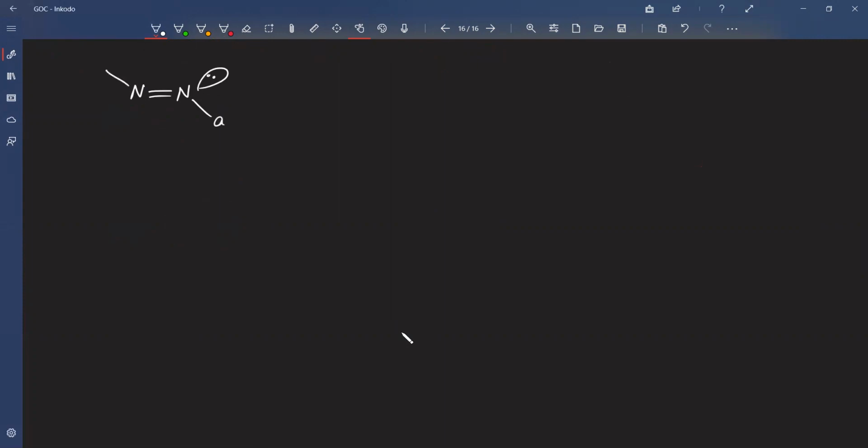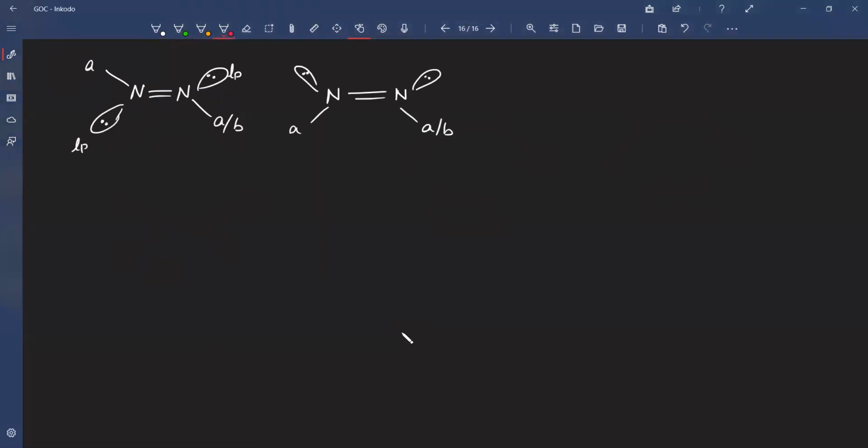And there can be A here, and there will be a lone pair over here. So even if it is different, here I have a lone pair opposite of each other. And the other possibility is nitrogen double bond nitrogen, with a lone pair on this nitrogen also, lone pair here, and then here A, and here it can be A or B, anything.